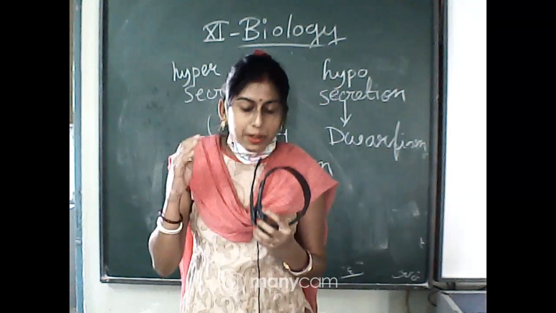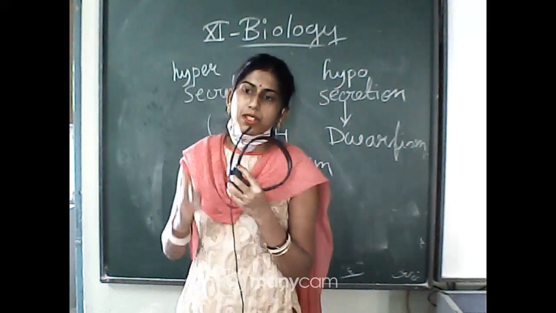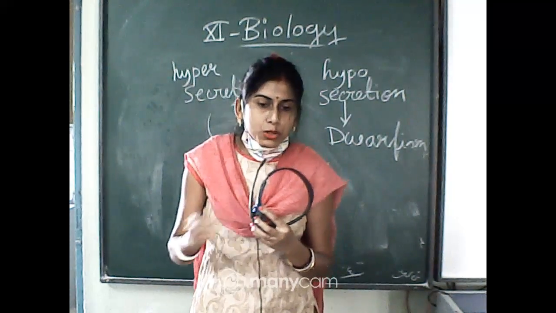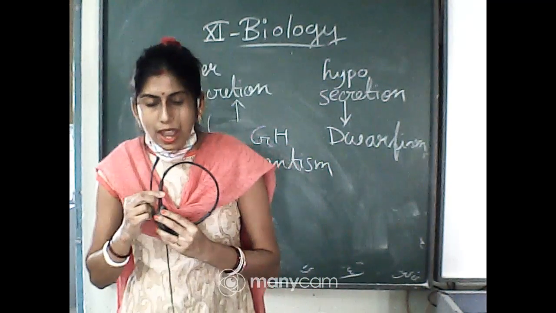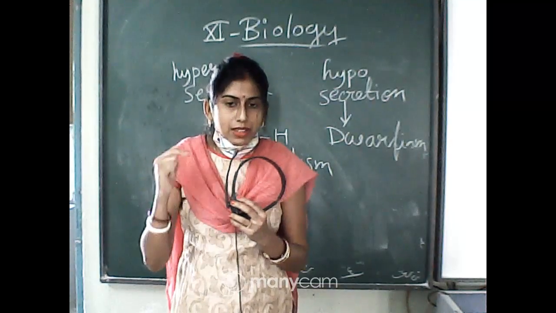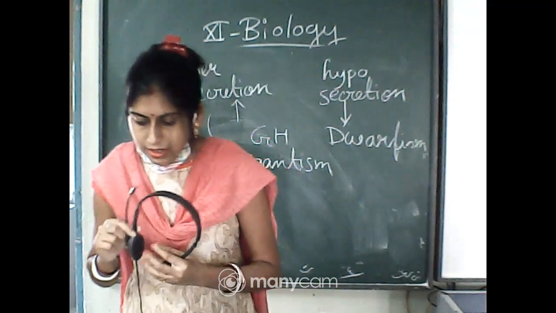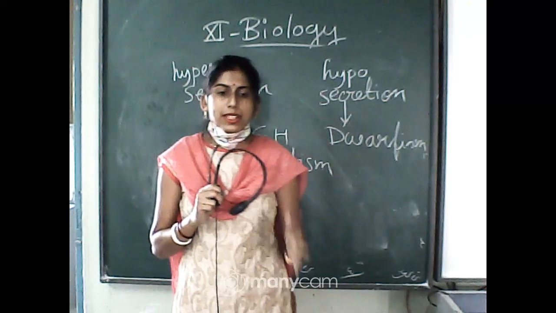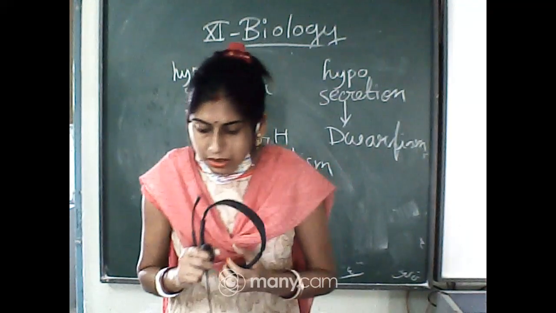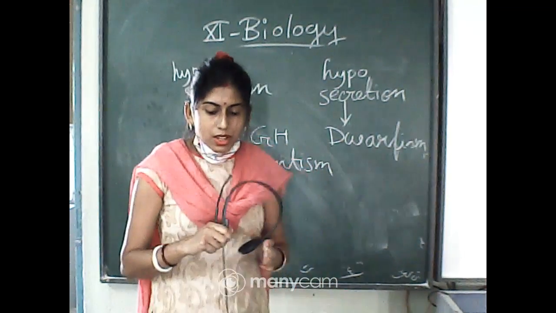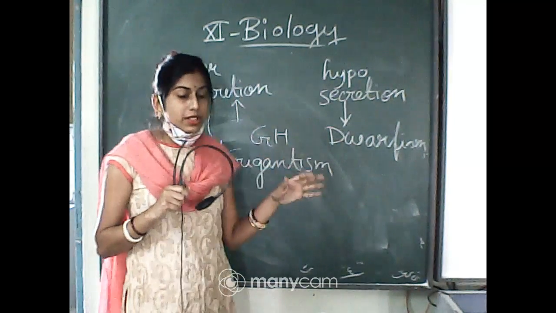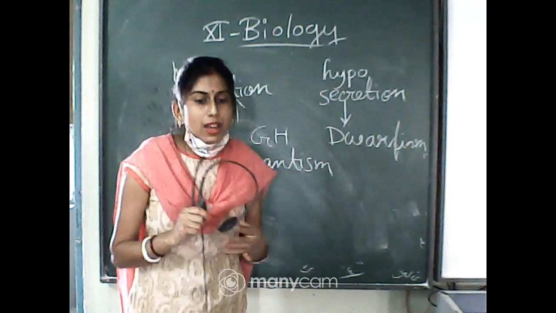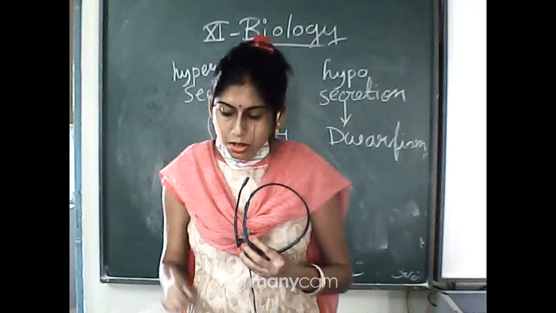So ADH or vasopressin will act on the distal tubule of the kidney and help to reabsorb the water and electrolytes, and will maintain body homeostasis. As I have already mentioned, this hormone is also called antidiuretic hormone. Okay, so I have repeated all the functions of the different hormones released by the anterior and posterior pituitary.